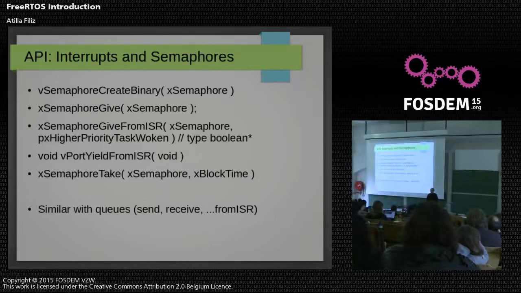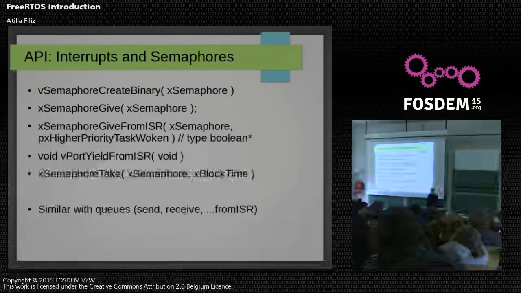We have a semaphore API. Basically, you create a binary semaphore, you give and take them. Something important about interrupts is that a lot of API functions have their from ISR variants.